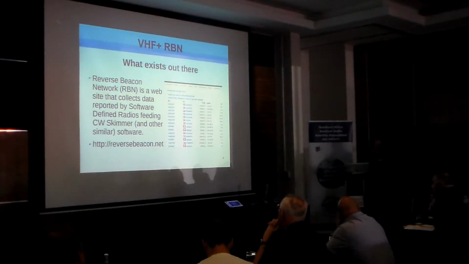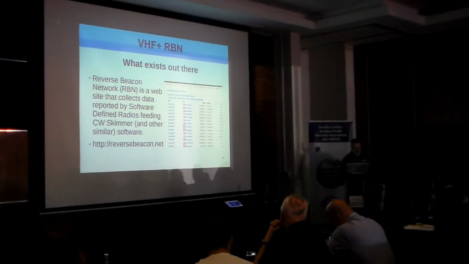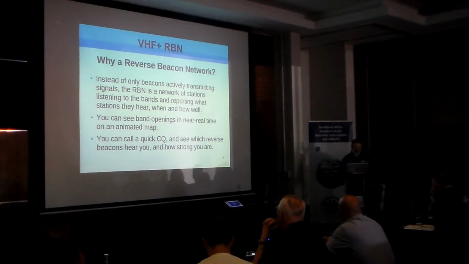It's basically a website that collects information from various stations, stations like ours, that are permanently monitoring the bands, and when one picks up a signal, it sends it to the reverse beacon network. They make use of software called CW Skimmer, and there is other software as well, other than CW Skimmer, to make this possible.